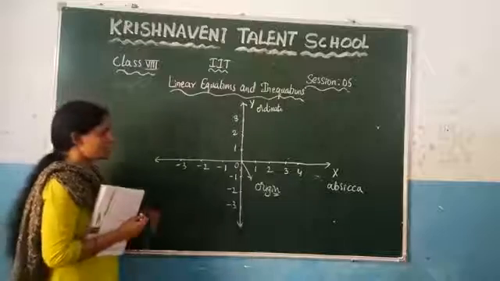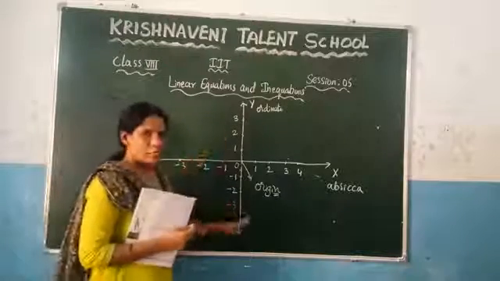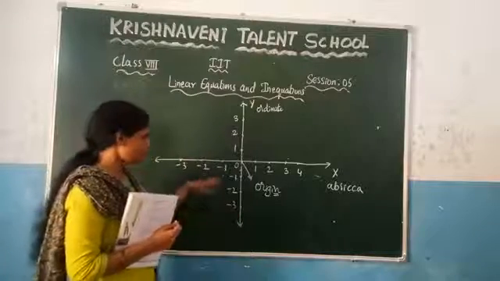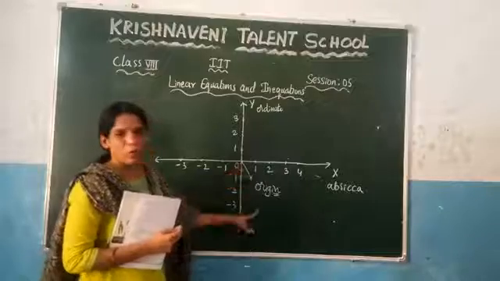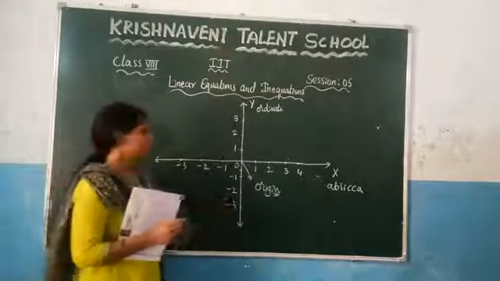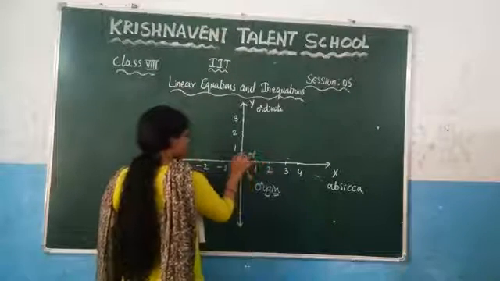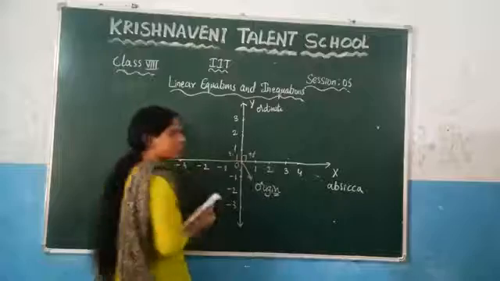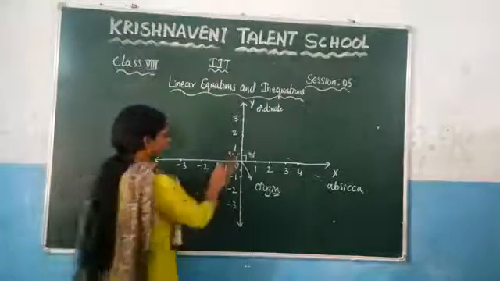First you need to draw the horizontal line, and after that the vertical line, and these two lines intersect at this point, which we call the origin. And you know that here it is 90 degrees and here it is 90 degrees, because we have drawn the perpendicular line.